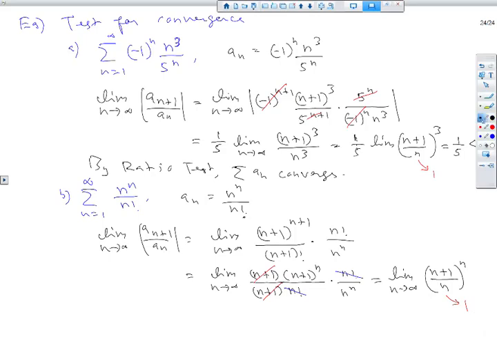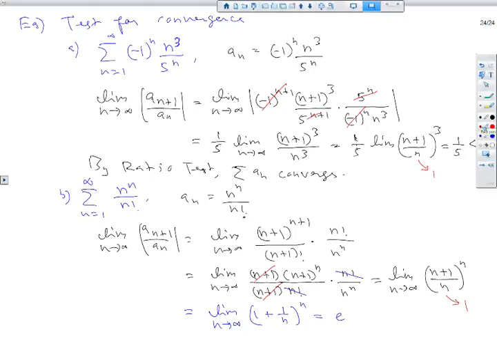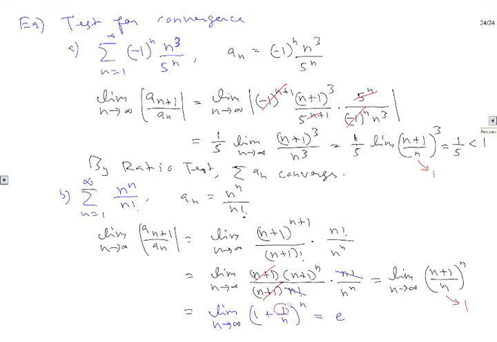We can write this as the limit as n goes to infinity of 1 plus 1 over n, to the n. Maybe you remember this from Calc 1. This is going to be e to the whatever number you have here. So you have 1 here, so it's e to the 1.